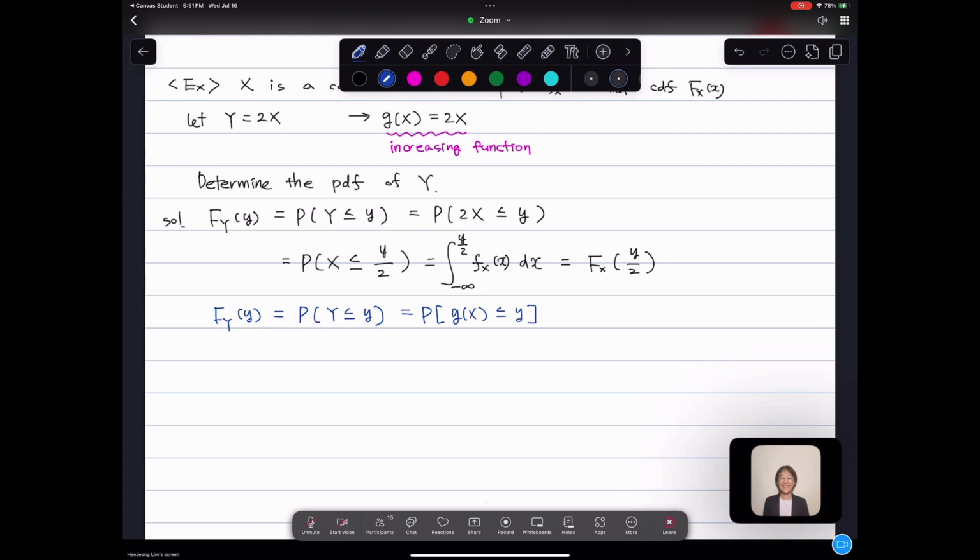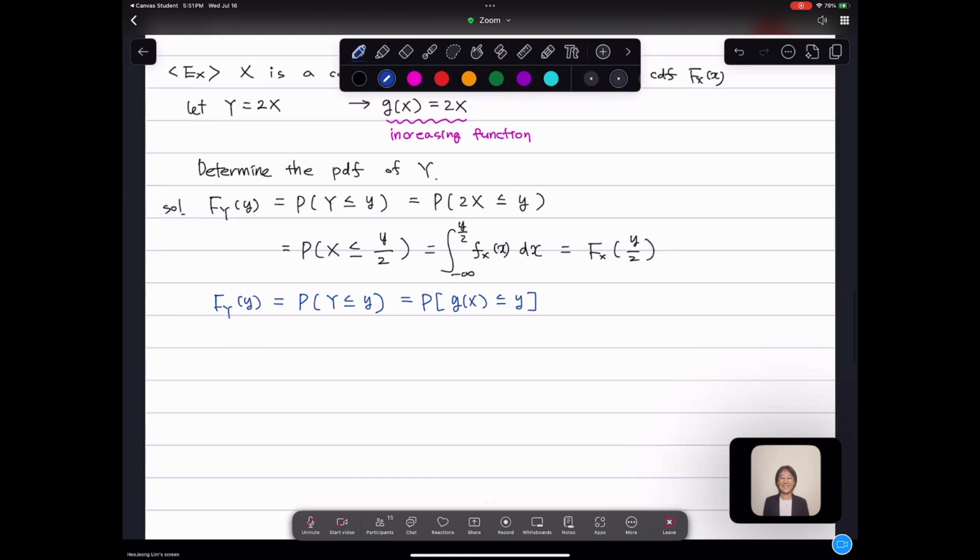Instead of having the exact function of 2 times x, I'm interested in g of x, and I'm assuming this g of x is an increasing function at the moment. So let's say that g is a strictly increasing function. If that's the case, I can change my probabilities as I did.